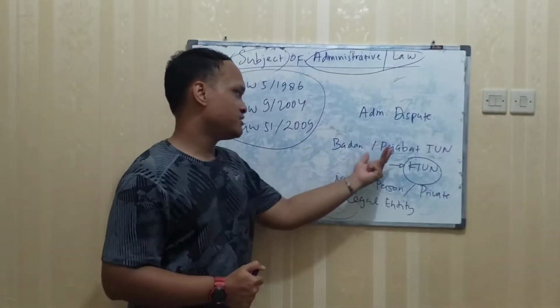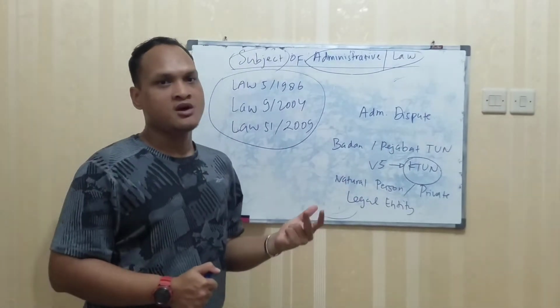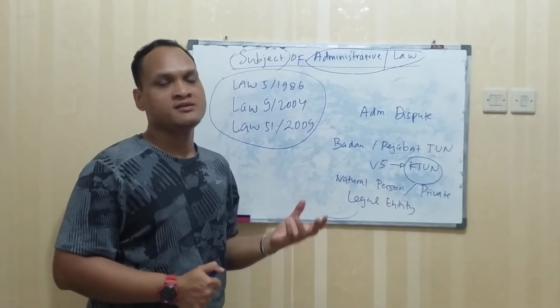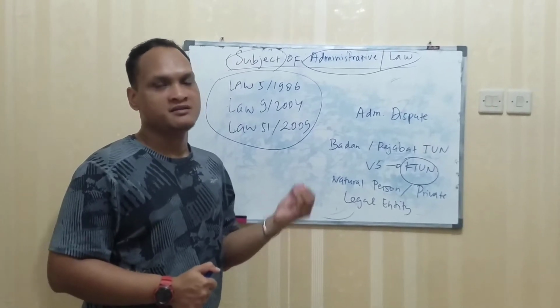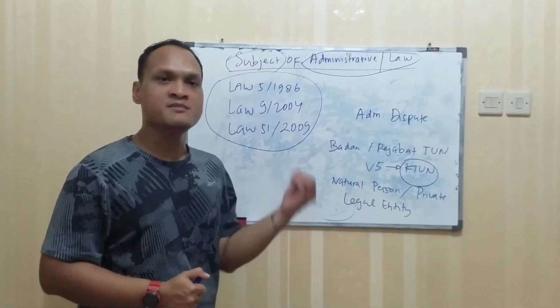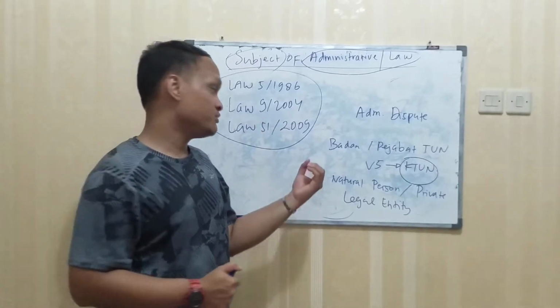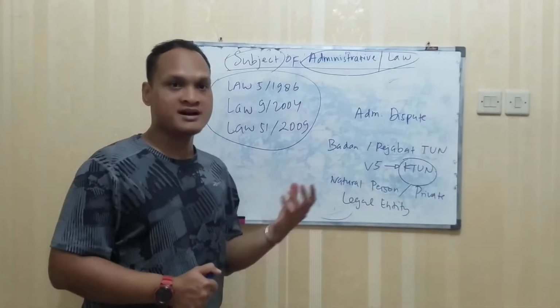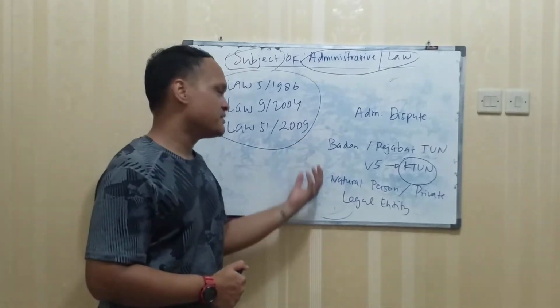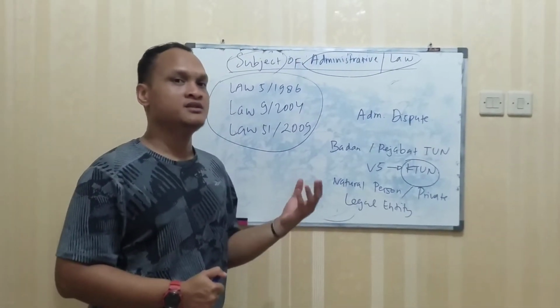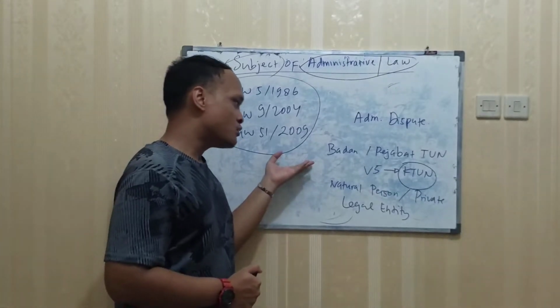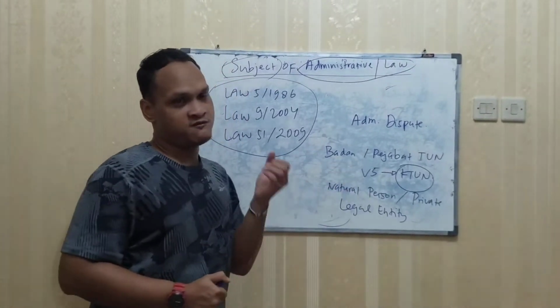So badan or pejabat TUN here is not focused on the main authority of the institution. For example, DPR, the main authority of DPR is to make the law. And also when we talk about mahkamah or pengadilan here, their main function is to enforce the law. So it's not talking about that, but it's talking about when they do the activities of Bestuur.